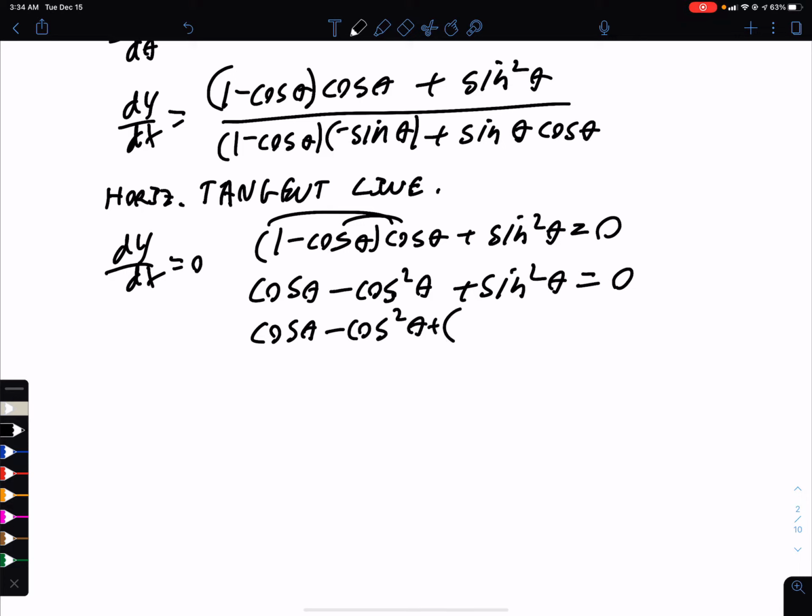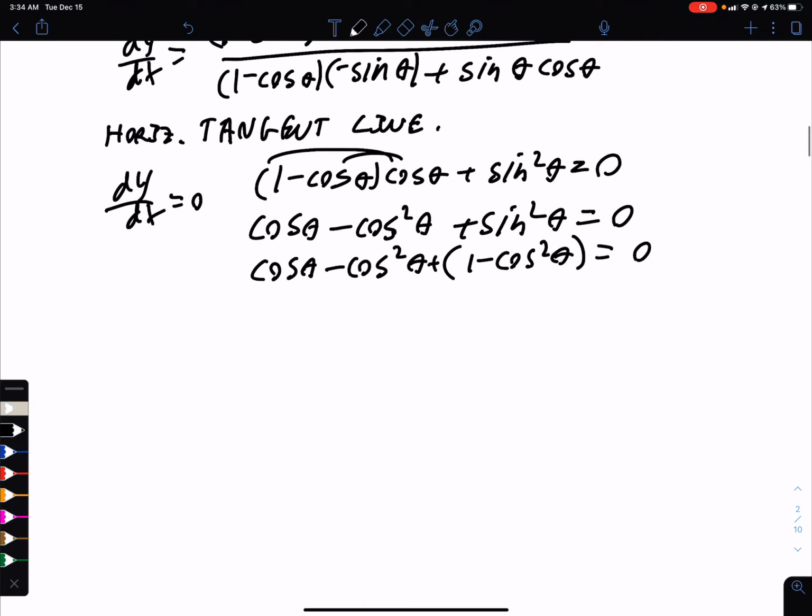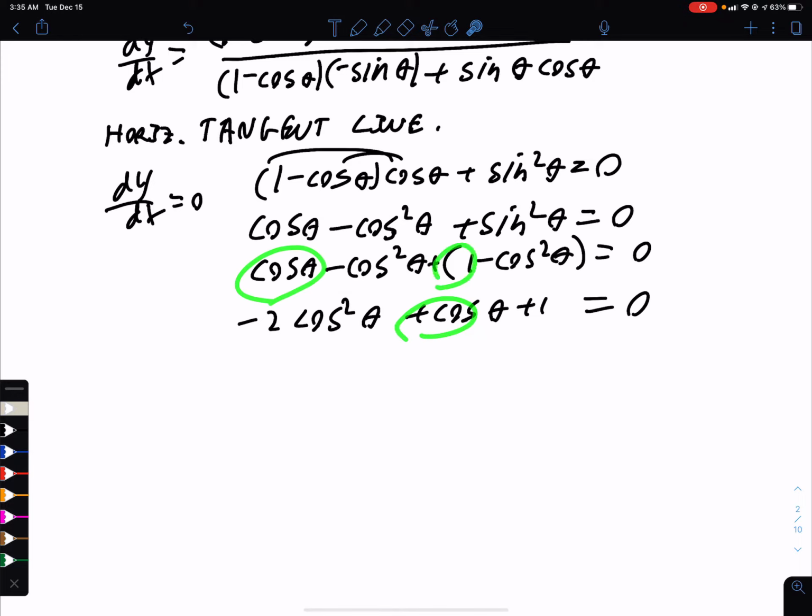We learned that in trig. But that will give me everything in terms of cosines, which is much nicer. So I have minus 2 cosine squared theta, plus cosine theta plus 1. And I believe that's right.